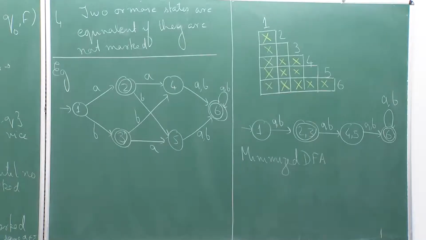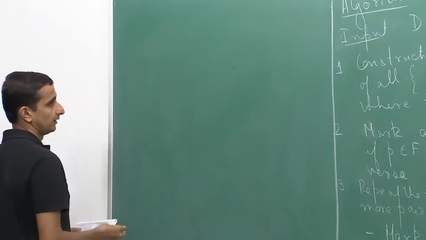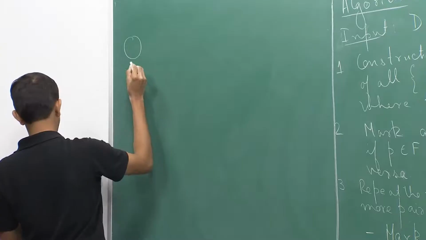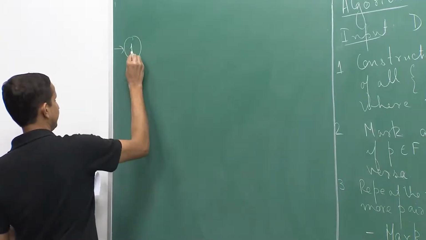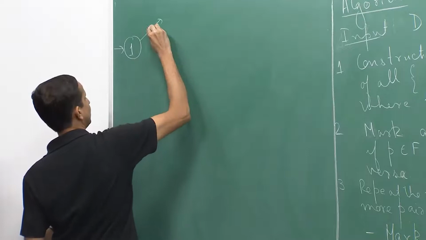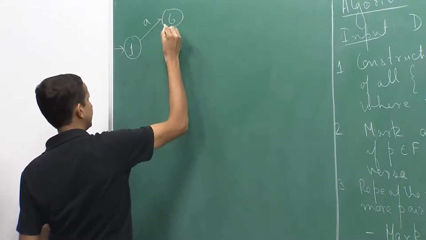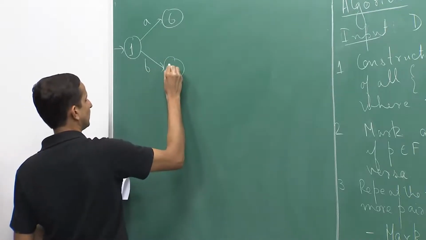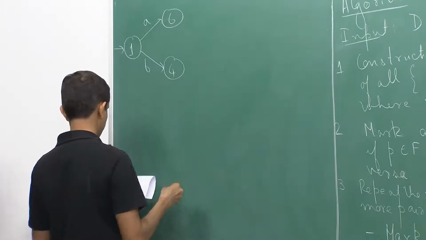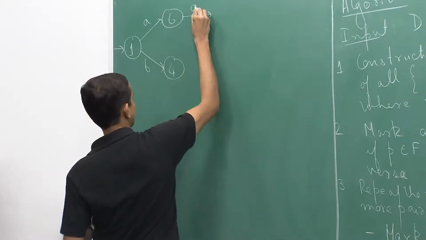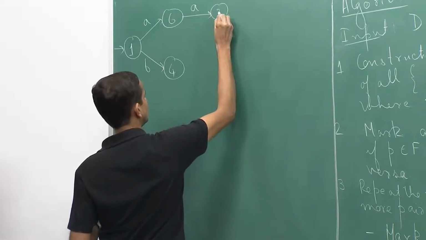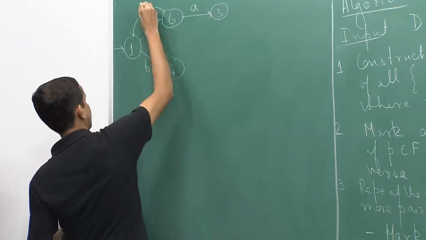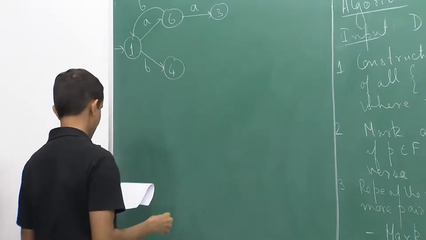Let us look at one more example. So, I will have a DFA. I will have 1 which is a start state, and from 1 on an A I go to 6, on a B I go to 4, from 6 on an A I go to 3, and on a B I come back to 1.